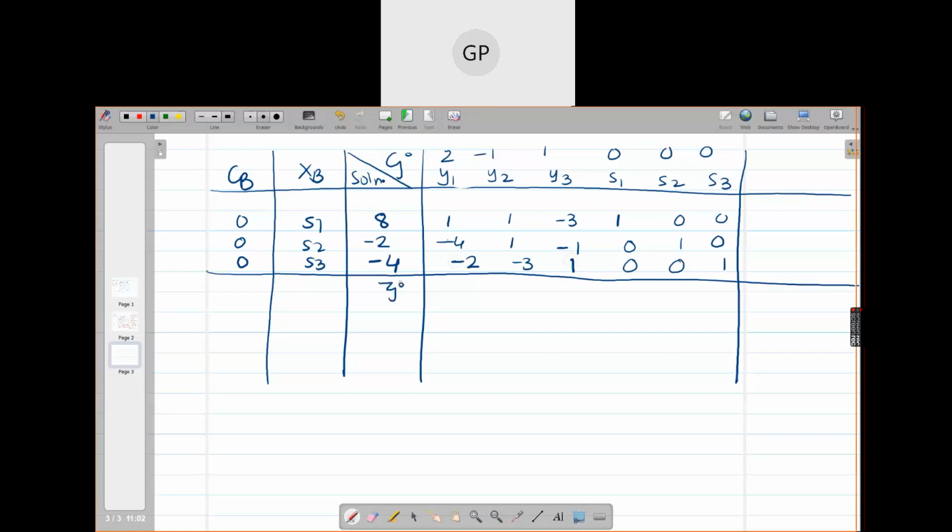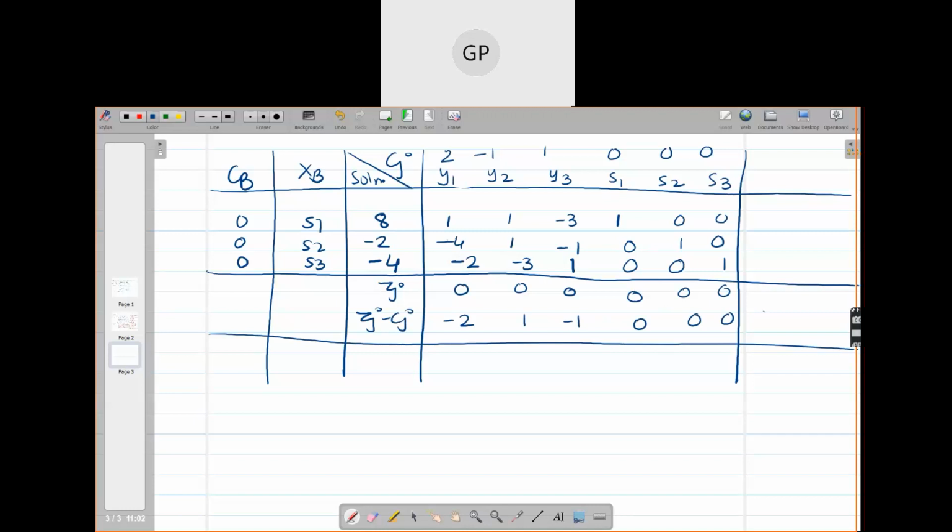What are your Zj values? All are 0, right? Because your CB is 0. Now Zj minus Cj: minus 2, plus 1, minus 1, 0, 0, 0. And the Z value is 0.